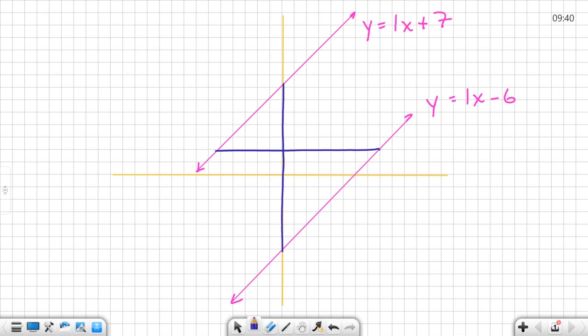Well, if the slope was 1... The slope of those lines is 1, yeah. So you could say the slope is 1, and do that however many times.